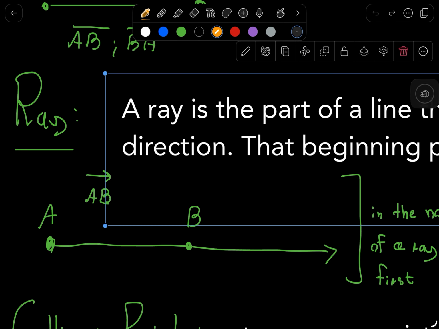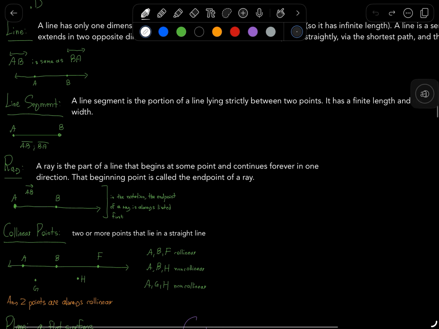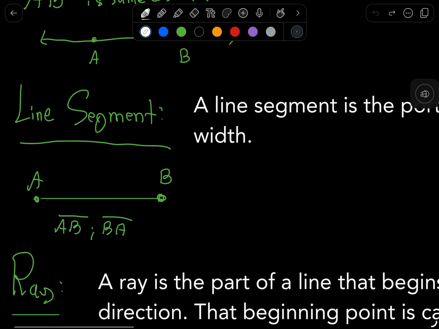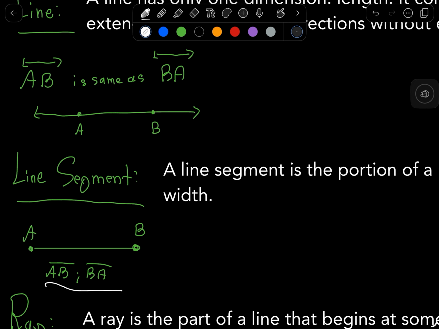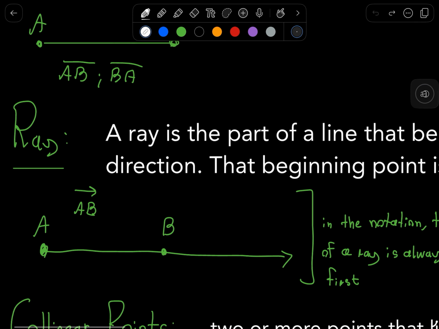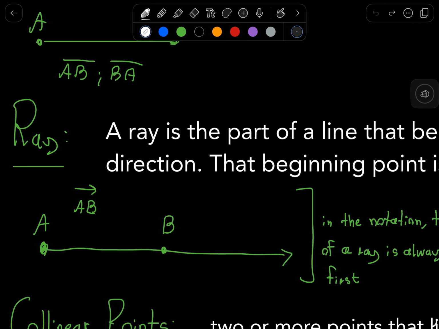Unlike the other figures, where I told you that the order doesn't matter, for example that it could be BA or AB, for a ray, when you're writing the notation, you have to make sure that it starts at A, that specific point. You can't label this as ray BA because that would imply that B is the endpoint, but in this case, obviously A is the endpoint.